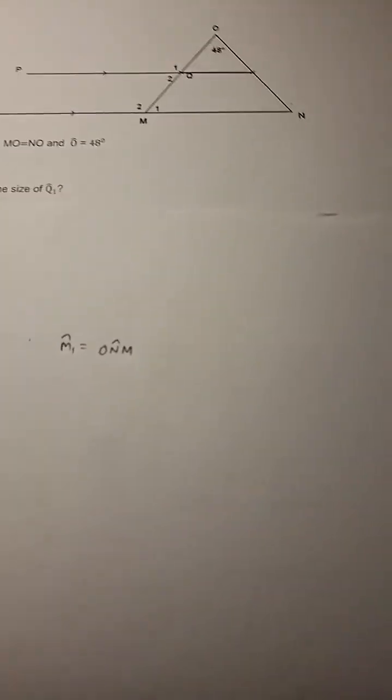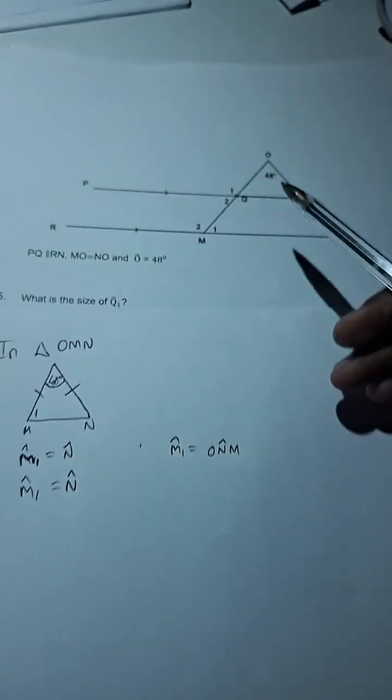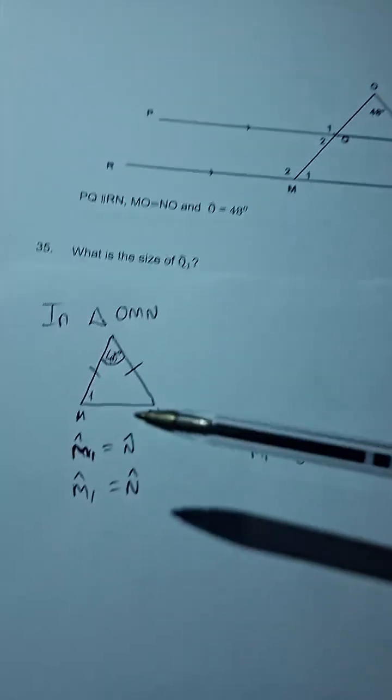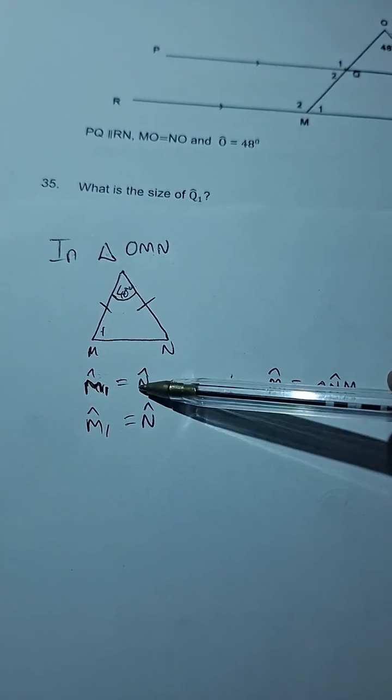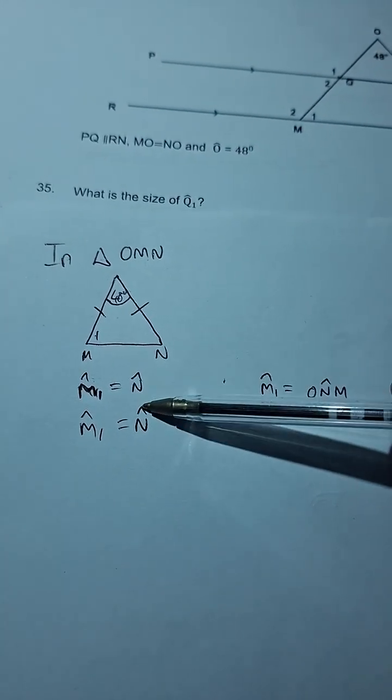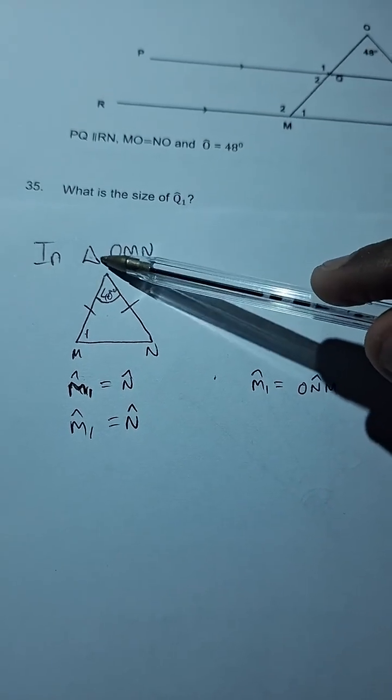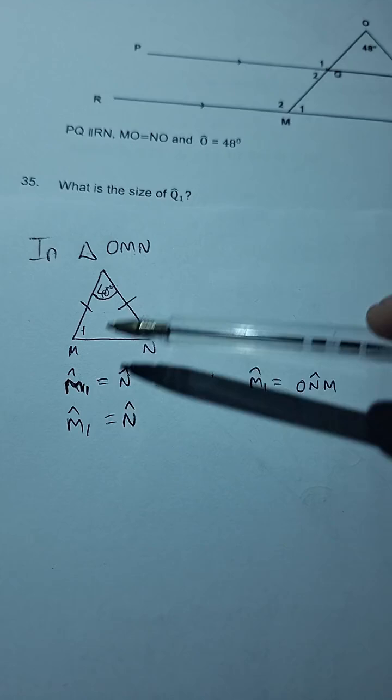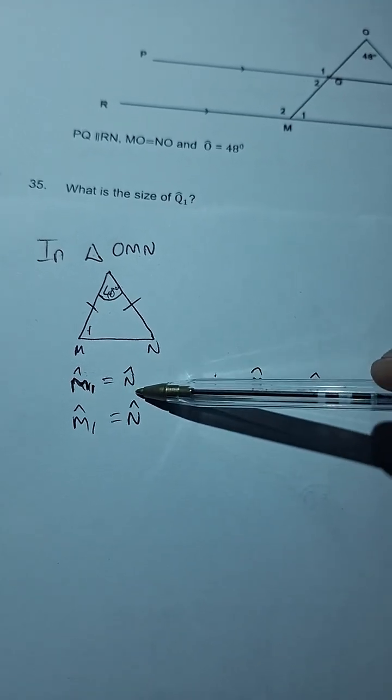That's very important to note, because sometimes learners don't understand when you can identify the angle loosely, angle M1 is equal to angle N. If I have told you the triangle where I'm working, then I can say angle M1 is equal to angle N.